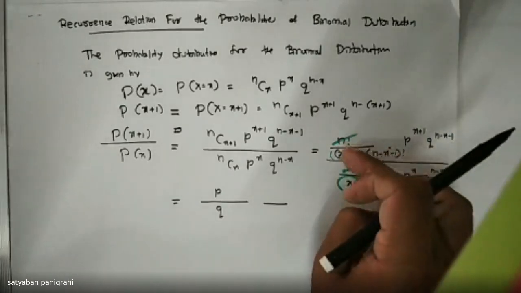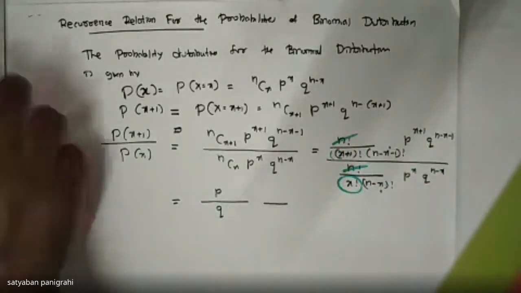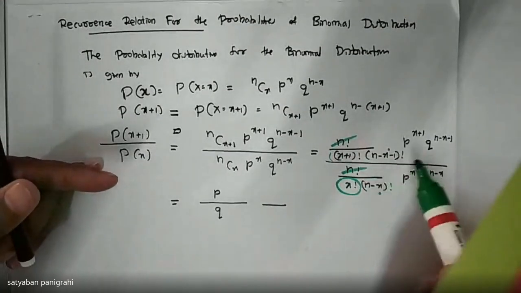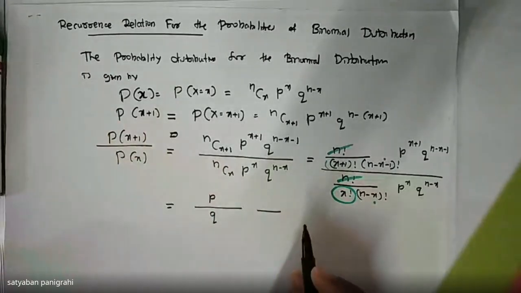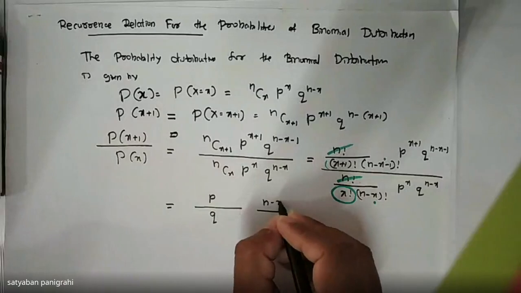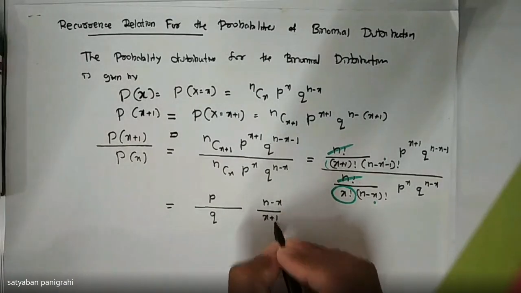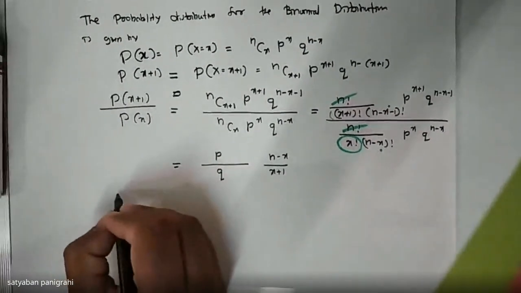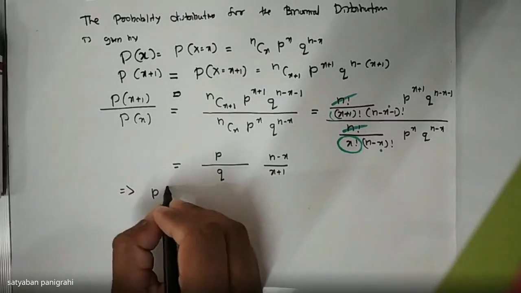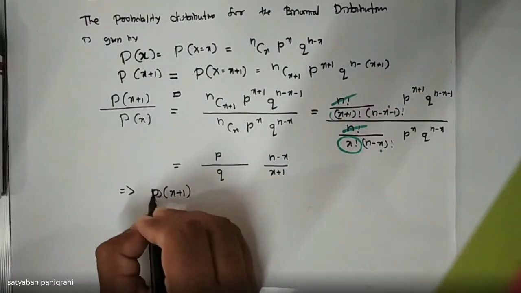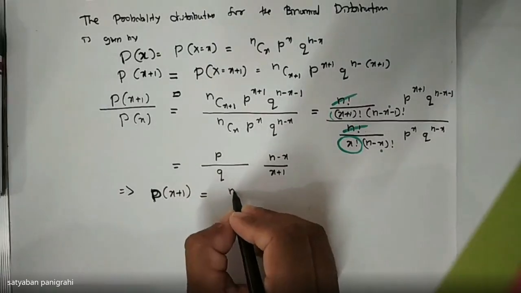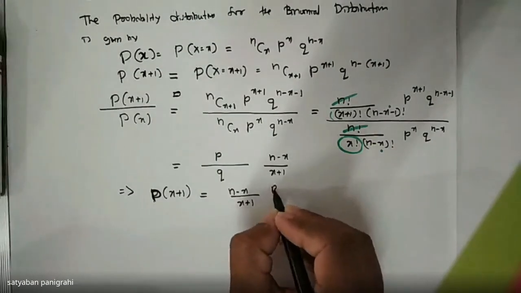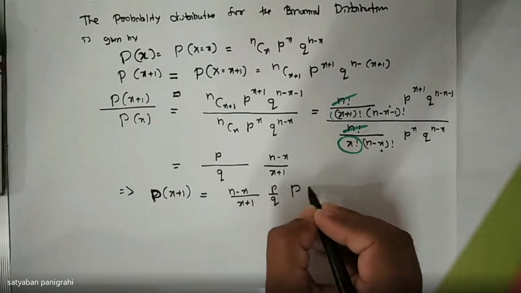Next, as you know, this divided by this, this by this, so this by this into. Then what will this simply give us? This will give you n minus x divided by x plus 1. Okay, so what we got? This implies we got capital P of x plus 1 equals n minus x divided by x plus 1 times small p by q, with capital P of x.